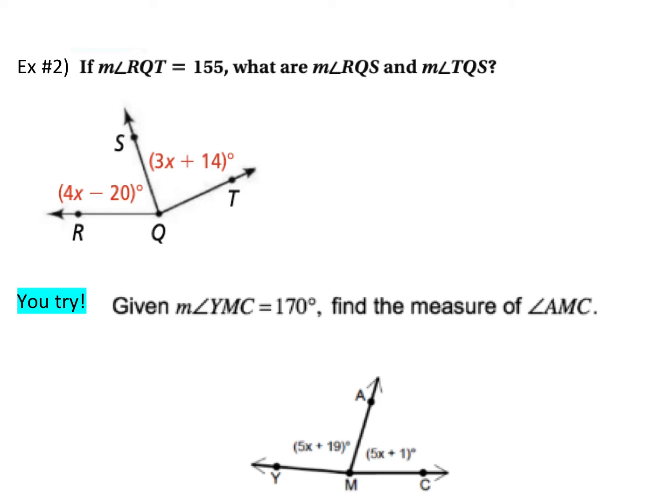Look at example 2 here. Now, guys, the directions for a problem are so hugely important on problems like this because they give you good information, okay? In your notes right now, I want you to highlight angle RQT, or just draw it in with pen.